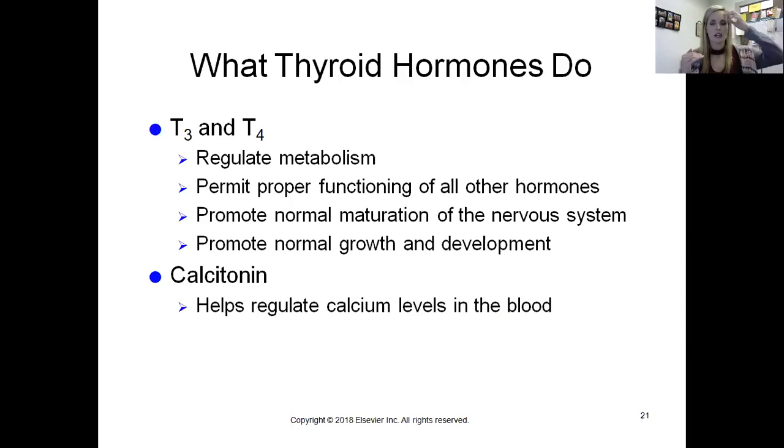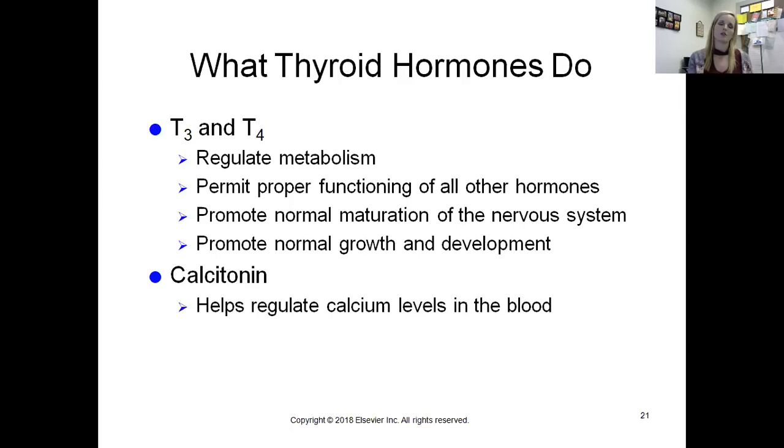The pituitary gland recognizes that and stimulates my thyroid, located on top of my trachea, to release T3 and T4. It's T3 and T4 that, once put into the blood, will target all of our different cells in the body to help increase the metabolism. So that's what that does, helps to regulate our metabolism.